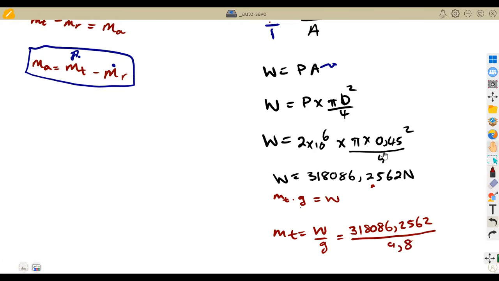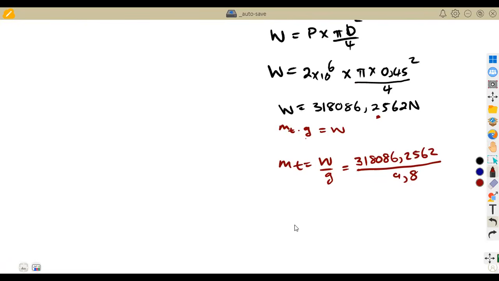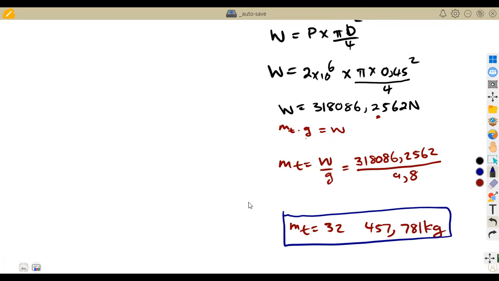All right, so let us have the total mass in this case. Our total mass is given as 32,457.781 kilograms.